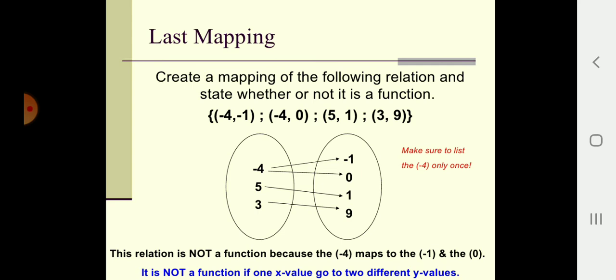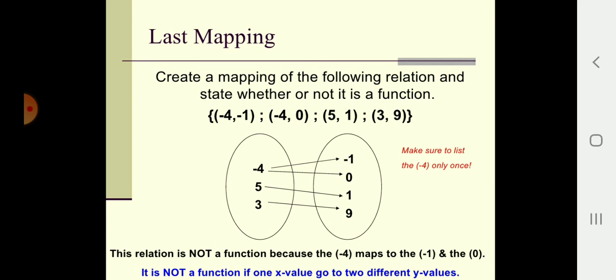Negative 4 and negative 1, negative 4 and 0, 5 and 1, and 3 and 9. Negative 4 connects to negative 1 and also to 0; 5 connects to 1; and 3 connects to 9.